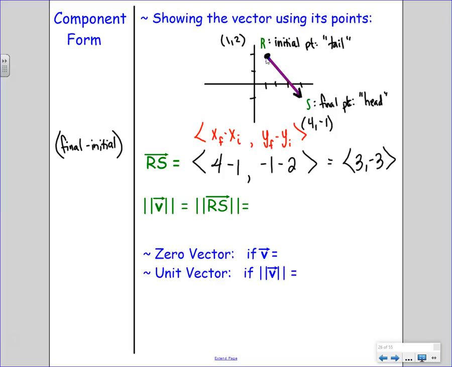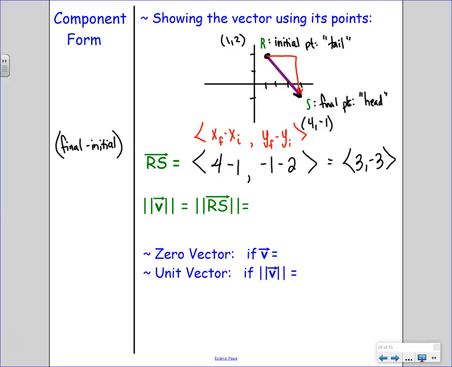And wasn't this found from a change in x's? So a better way of writing it is forward 3, down 3. To get from the tail to the head of the vector, I go forward 3, down 3. It shows me the components, found by subtracting, finding the displacements of the x's and the displacements of the y's: final minus initial of the x's, final minus initial of the y's. This is another way of noting this vector.